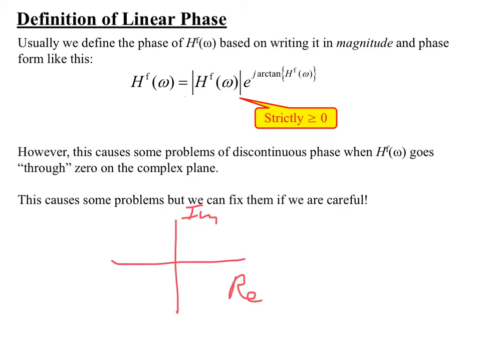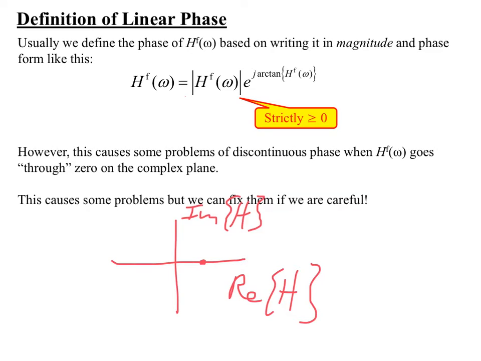So this is really the real part of H. I won't put the rest of omega there just for convenience. And the imaginary part of H. And so for each value of omega, we'll say that this takes on some point on this complex plane. So omega equal to 0, we may be sitting here at this point.